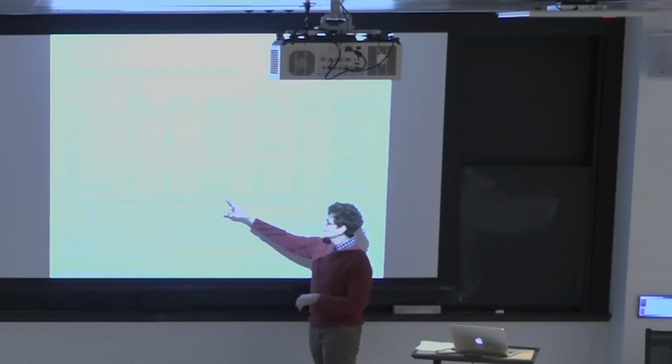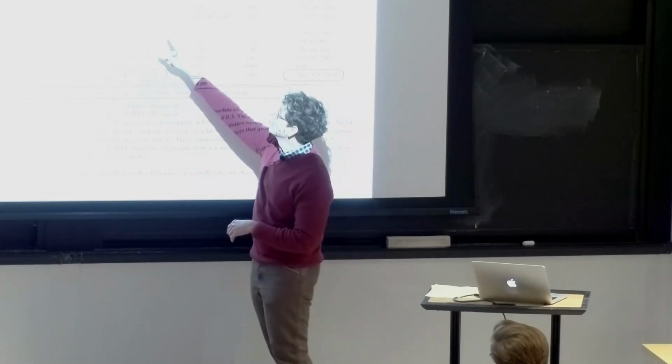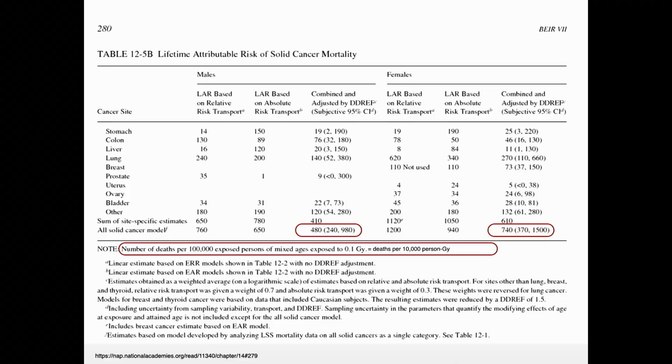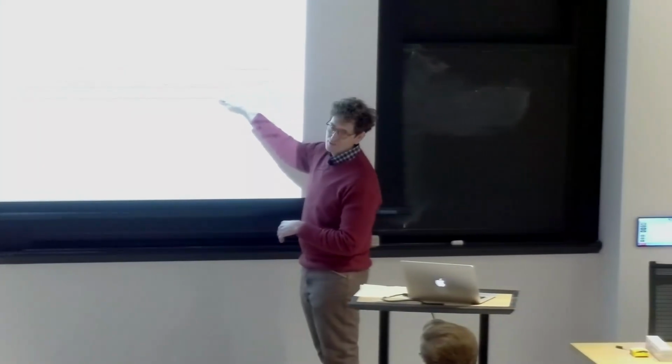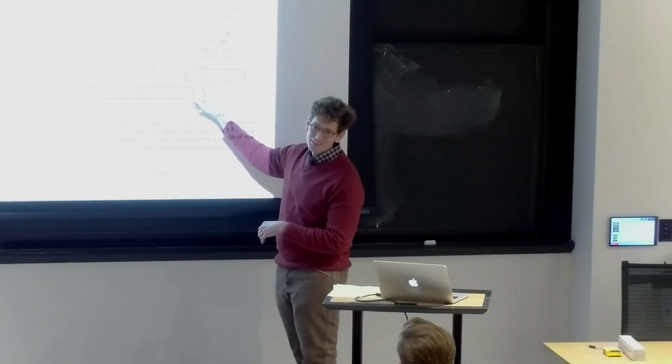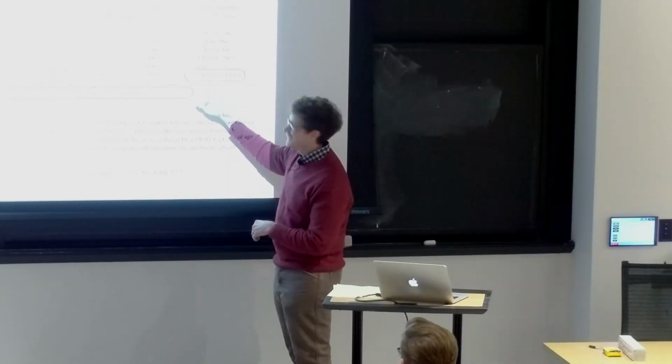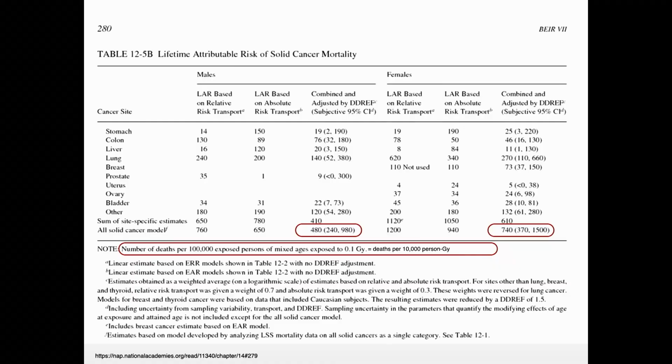So that's 480 solid cancers, this is for men, per 10,000 person gray, right? And here we have the same thing, 704. Sorry, ladies, you're much more likely to die. This also is not cancers. This goes directly to mortality. You see at the top, solid cancer mortality.